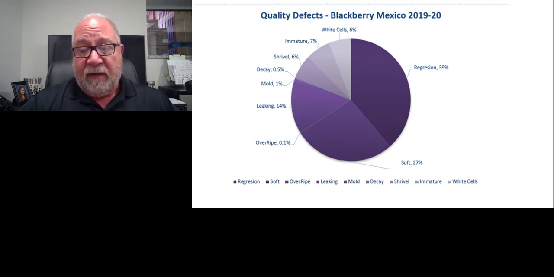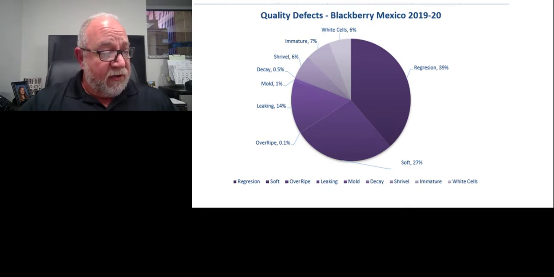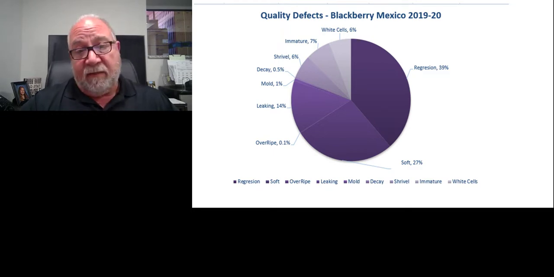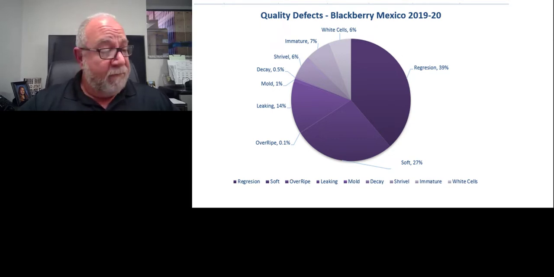And by what Margaret just showed before, the fruit with regression is softer and it will tend to leak. So all those things make sense now with Margaret's presentation. Regression is a major issue for us, for our growers, and for our receivers.